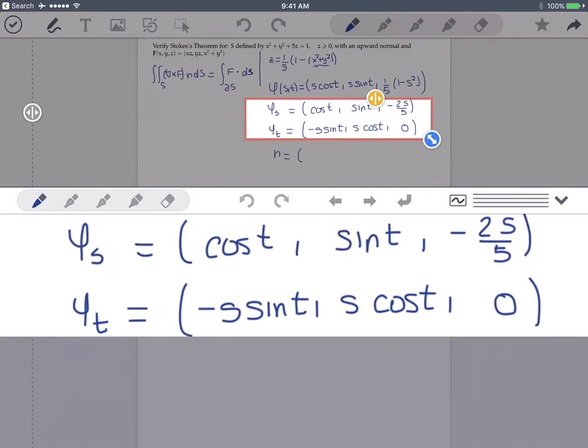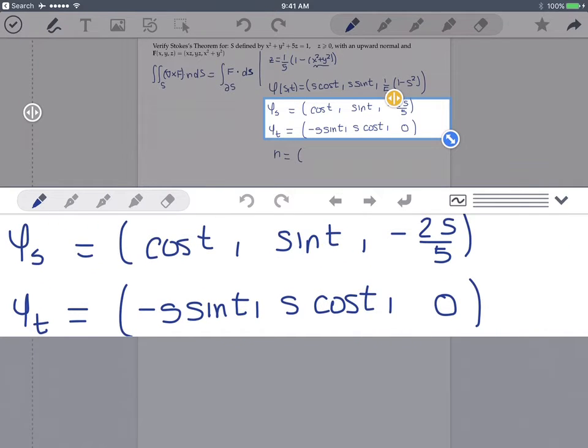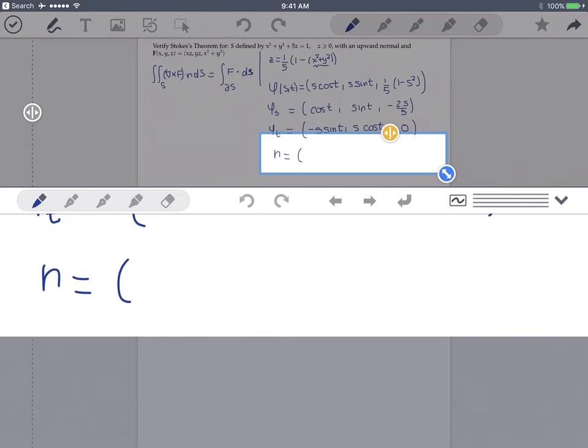So my first component is sine of t times 0, which is 0. Then I have a negative, so I really end up having the positive, 2s squared over 5. So it's 2 fifths s squared cosine t. When I do the second component, I get something similar.